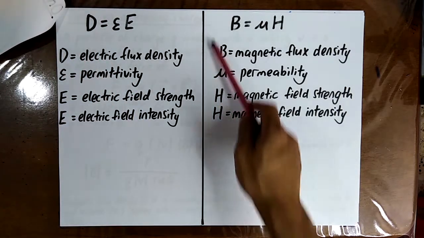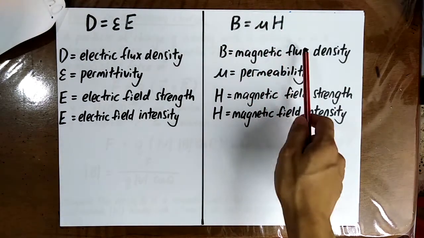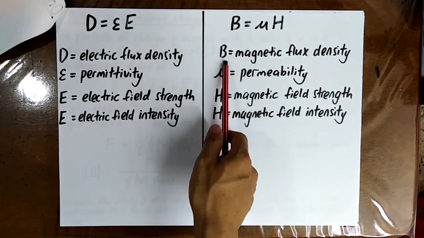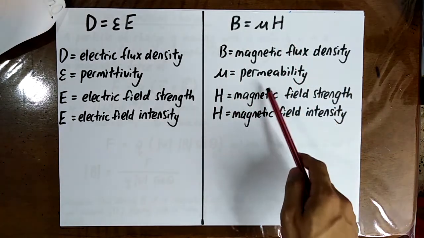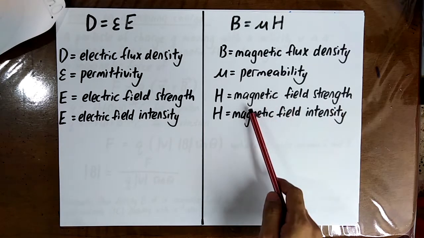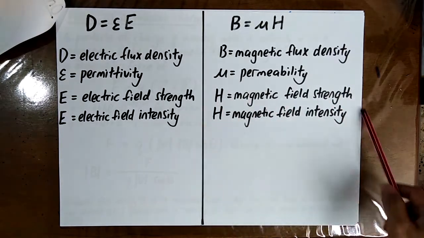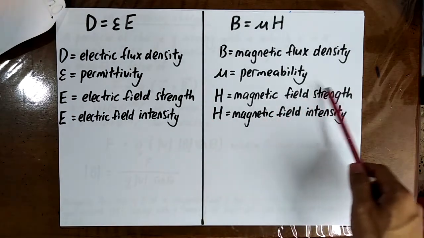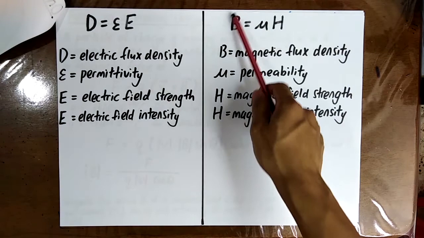But in this chapter, we only learn about the magnetic flux density B only. Capital H is the magnetic field strength, or you can also call it magnetic field intensity. But in this chapter, we don't learn about the magnetic field strength. We only talk about the magnetic flux density.